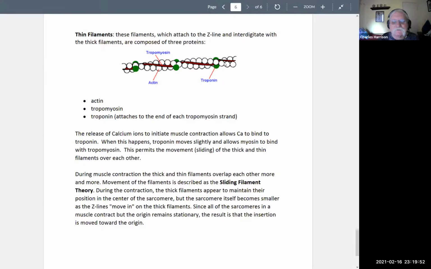But when calcium is released from the nervous system into the sarcomere, it will cause the troponin to move out of its place, open up slightly. And in that slight millisecond, the thick filament myosin can attach to the tropomyosin.